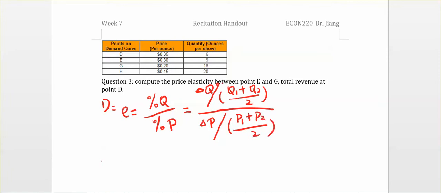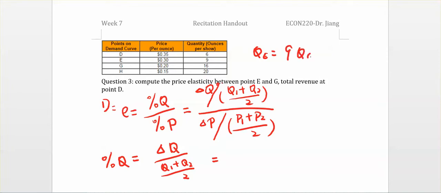So we can first calculate the percentage change of the demand, which equals the change of the demand divided by Q1 plus Q2 divided by 2. In this question, QE equals 9 and QG equals 16.